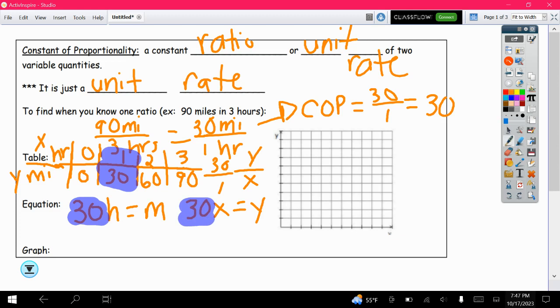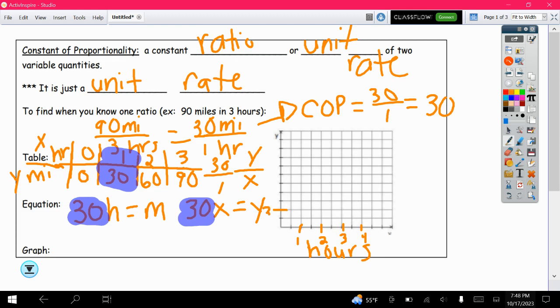All right, next let's move over to that graph. So when we graph this, we're going to put our hours along our x-axis and our miles along our y-axis. And then we can add in our numbers there. We have 1, 2, 3, 4. Make sure you're making your graph with me in your notes.